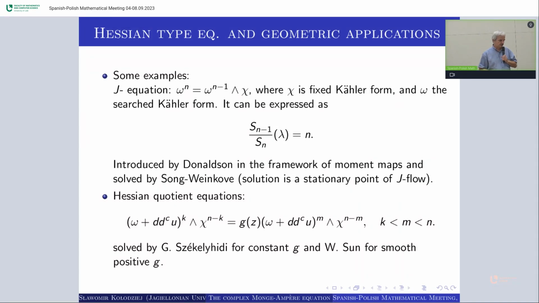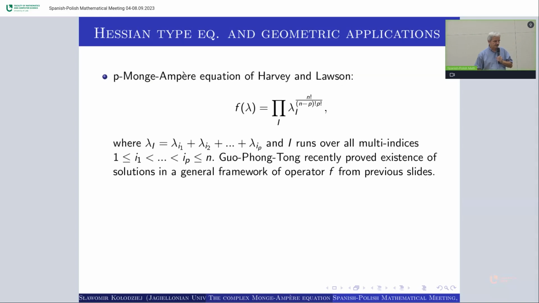There are more general Hessian equations. Here you see on the left and on the right we have different m-Hessian operators. This type of equations were solved recently by Sztkely, Hibi, and Sun in a more general version. There are the p-plurisubharmonic, or p-Monge-Ampère, equations introduced by Harvey and Lawson, defined here.